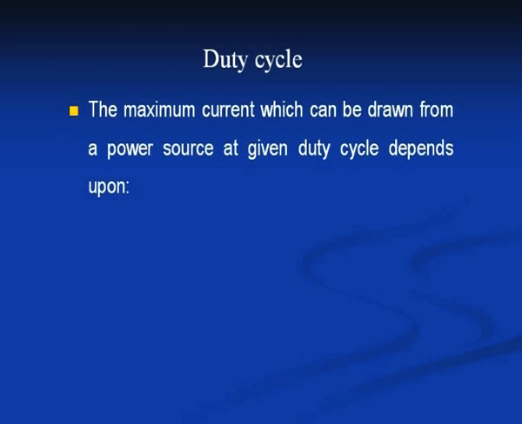And the maximum current which can be drawn at a particular duty cycle from a power source depends upon the size of the wires used in the winding. Larger the size, greater will be the ability of the wire to withstand, and lower will be the resistance heating.